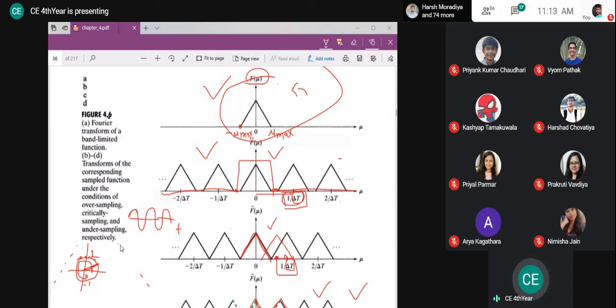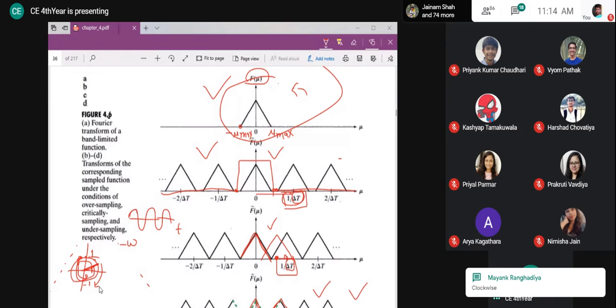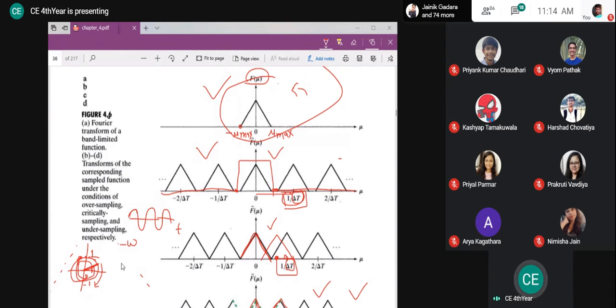Suppose instead of taking omega t, I take minus omega t. What does minus omega t mean? If t changes, it is going to vary like this. Your vector will rotate in the clockwise direction instead of the anti-clockwise direction, right? So that is the significance of negative frequency.